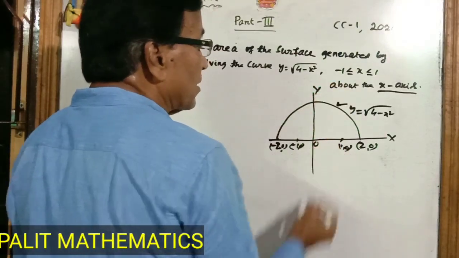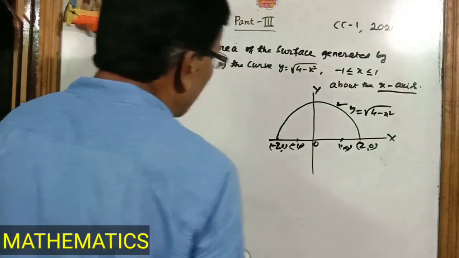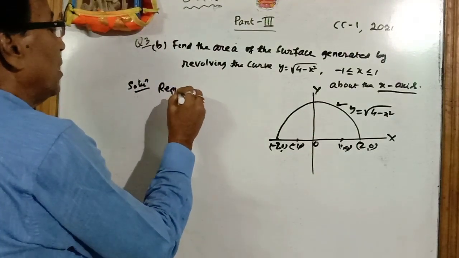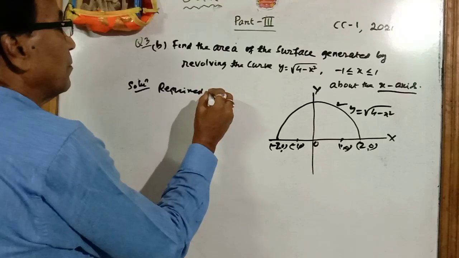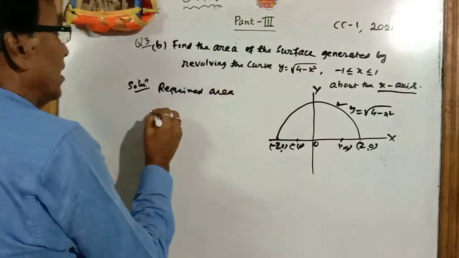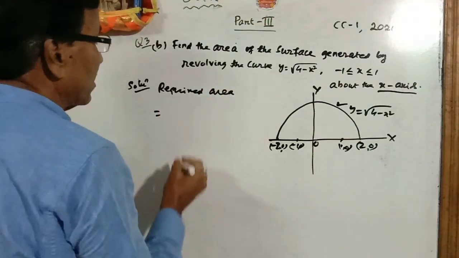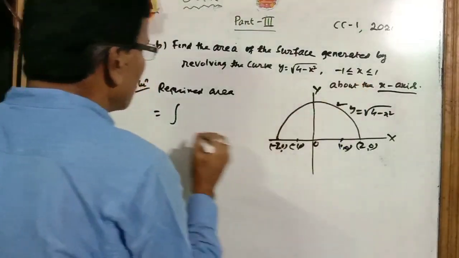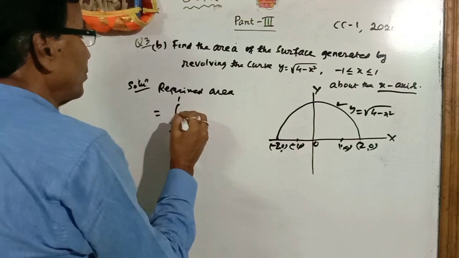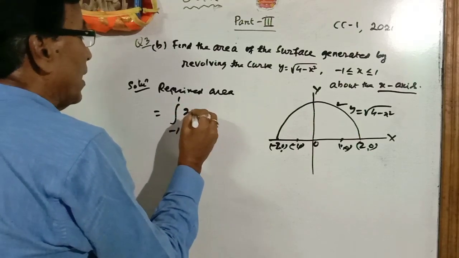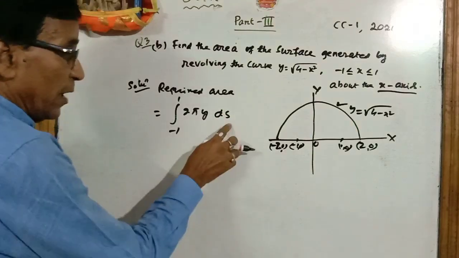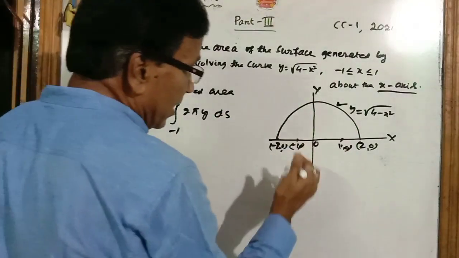Now we know that the required surface area, with x varying from minus 1 to 1, is 2 pi y with respect to s, where s is the arc length.